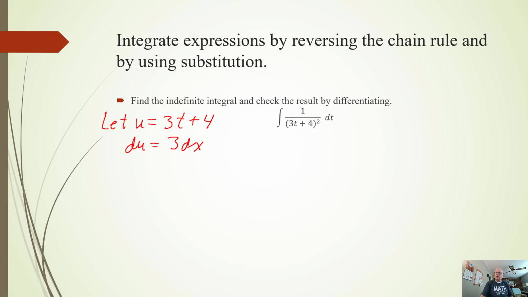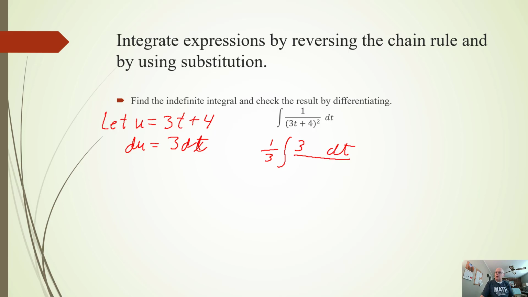Did you catch that? Good. Now we have dt over here, but we don't have the 3, so we can get the du in here. So I need a 3 up here. That means I'll have to put 1/3 out here to keep the same value. So the 3 and this dt over here.